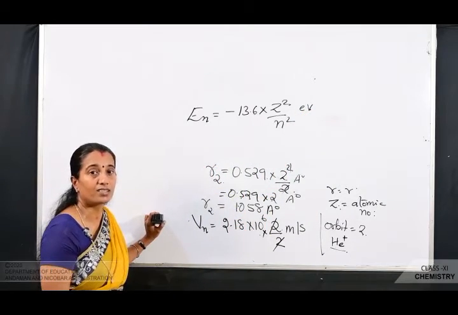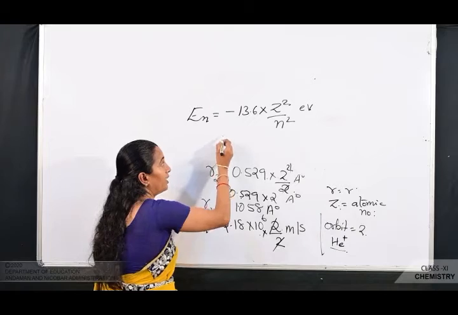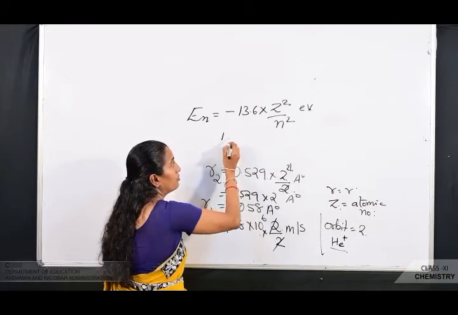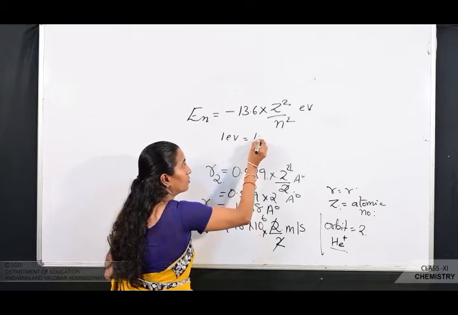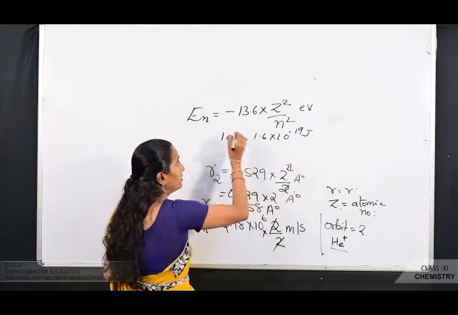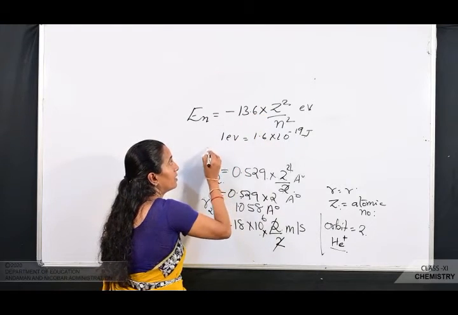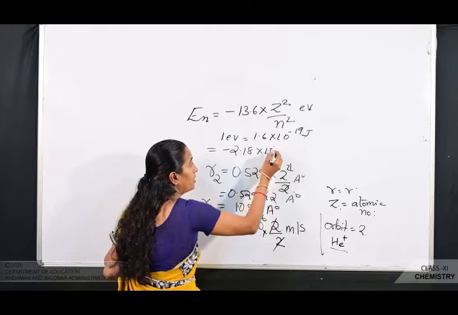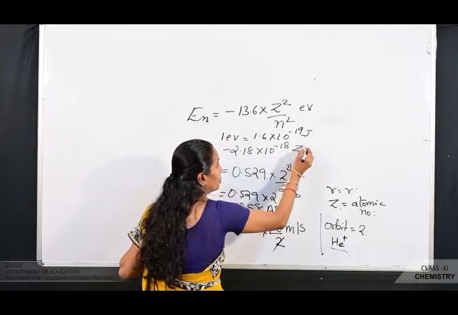If I have to convert electron volt into joule, I know that 1 electron volt equals 1.6 into 10 to the power minus 19 joule. If I put the value and multiply, I get minus 2.18 into 10 to the power minus 18 Z square.